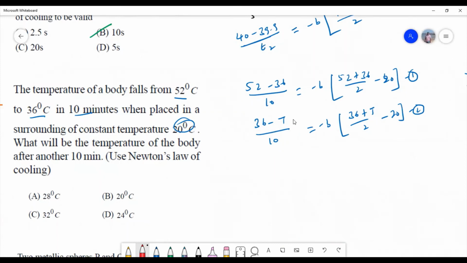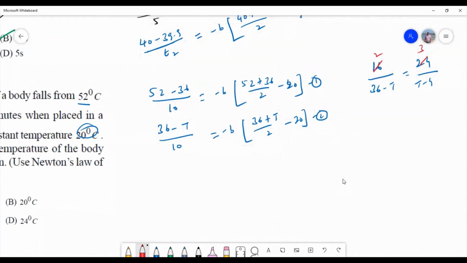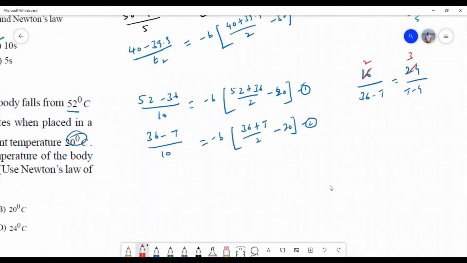So for another 10 minutes, 52 minus 36 by 10 minus b. 52 plus 36 by 2 is 88 by 2, 44 minus 20, 24. Correct. And this is 36 minus t by 10, cancel, so 16 upon 24, and this is 16 by 36 minus t.